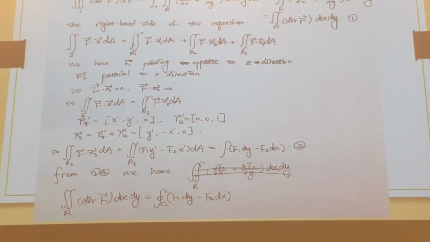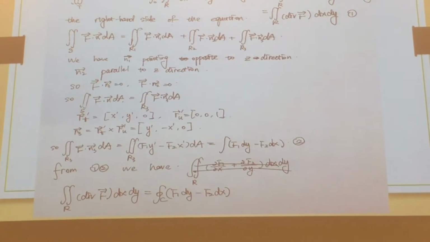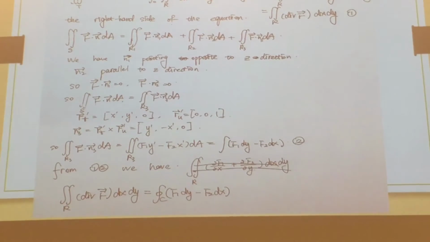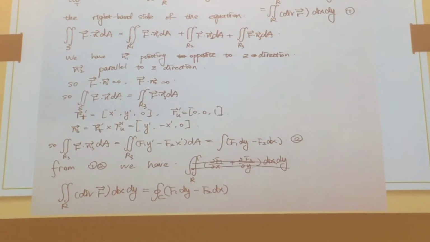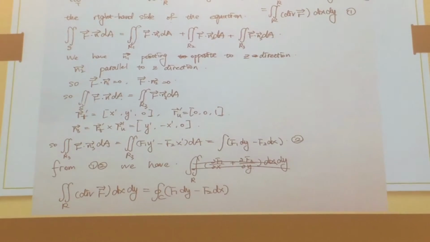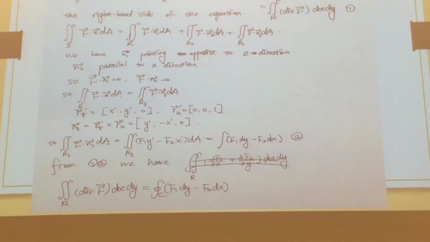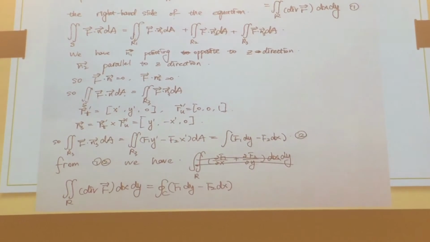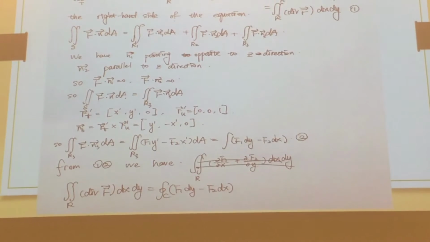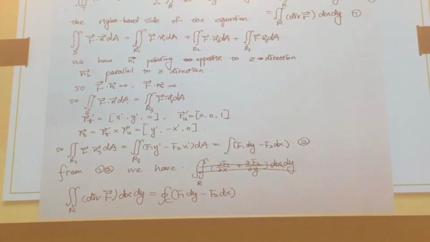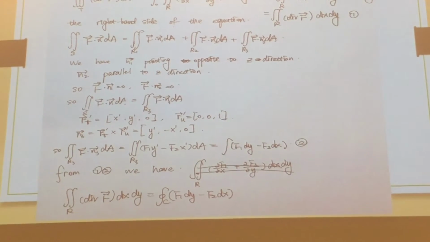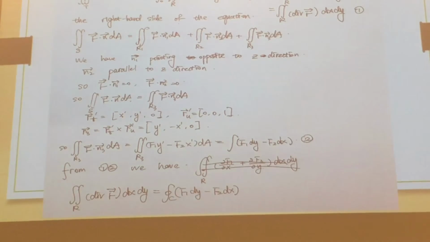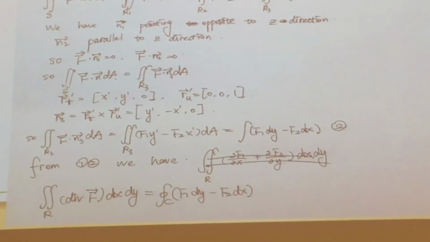We know the unit normal vector of the surface of the regions R1 and R2 is just parallel to the z axis.